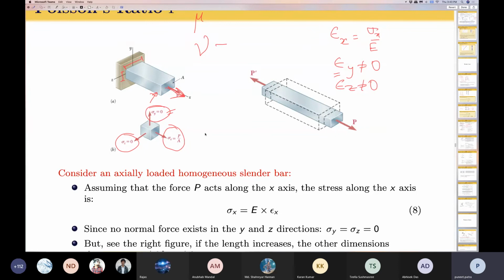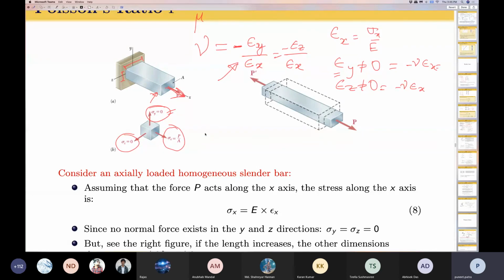Poisson's ratio is defined as the strain along the lateral direction, that is the compression along one of the directions, divided by the axial or longitudinal strain. So using this, I can write epsilon y equal to minus nu epsilon x and epsilon z equal to minus nu epsilon x.